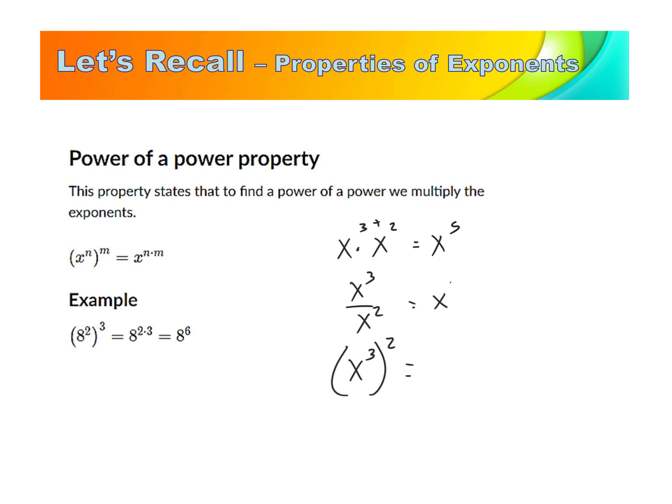We end up subtracting, so it's x to the 1 or just x. And then for the last one, we have x to the 3rd power, all of that raised to the 2nd power, so it's going to be x to the 6th because we end up multiplying the 3 and the 2. Those are the rules for these. Now, again, the key part is that it has to have the same base. If it doesn't have the same base, guys, you cannot apply these rules.